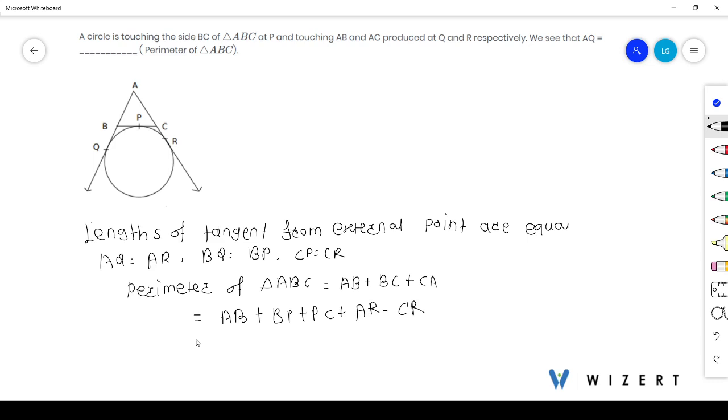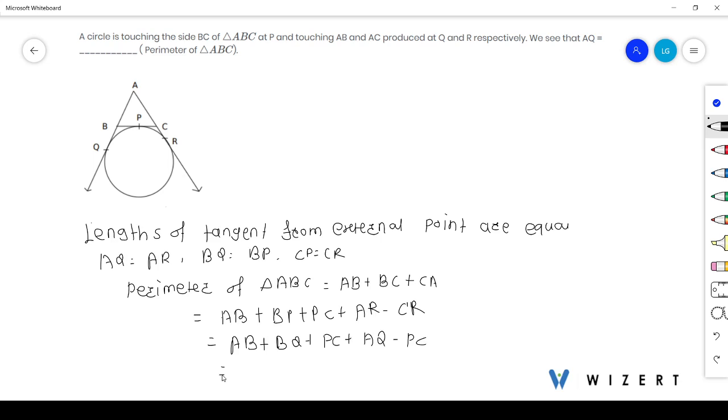So AB plus BP means BQ, plus BC, plus AR means AQ, minus CR means CP or PC.